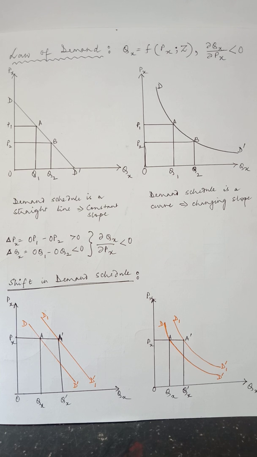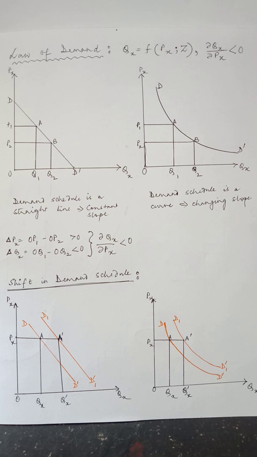And if his taste and preference, other factors, means one is income, another can be taste and preference of the consumer. When the taste and preference for that particular commodity increases for the consumer, then he would like to buy more of that commodity. Other things can also be the price of substitutes.